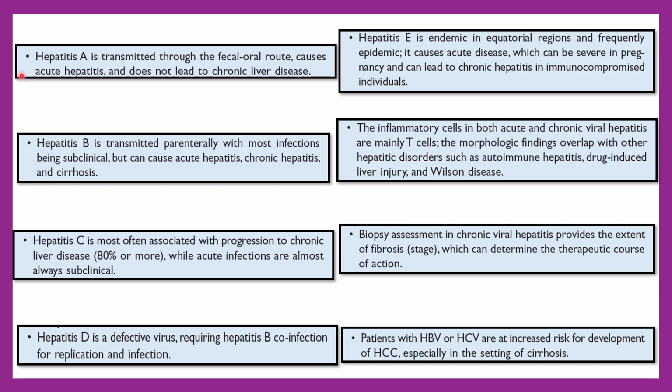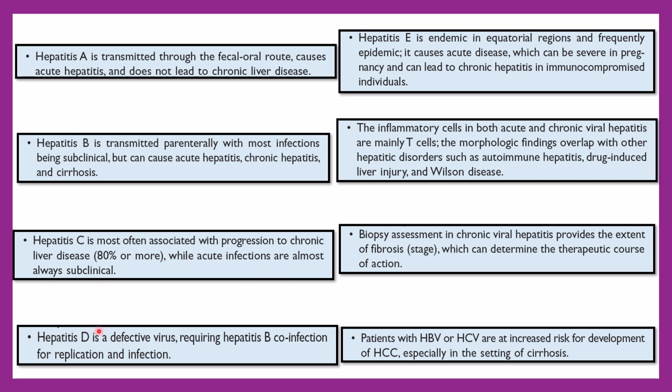To summarize, hepatitis A virus is transmitted through the fecal-oral route. It can cause acute hepatitis and does not lead to chronic liver disease. Hepatitis B virus is transmitted parenterally, with most infections being subclinical, but it can cause acute hepatitis, chronic hepatitis, and cirrhosis. Hepatitis C infection is often associated with progression to chronic liver disease in 80% of cases, while acute infections are almost always subclinical.